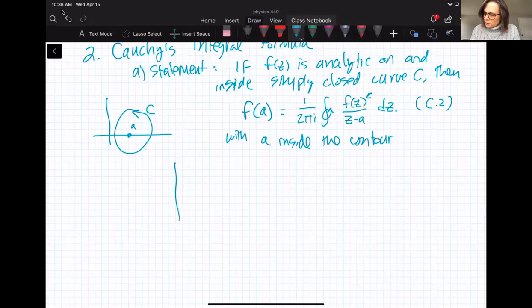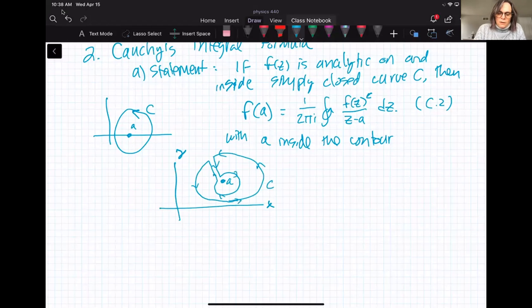I'm not going to go over all of it because I'd rather get to examples and physics cases, but the idea is if you have a point A, you can construct a contour C that surrounds the point A, essentially the singularity, and then shrink that small space that has a radius r, make that r go to 0.